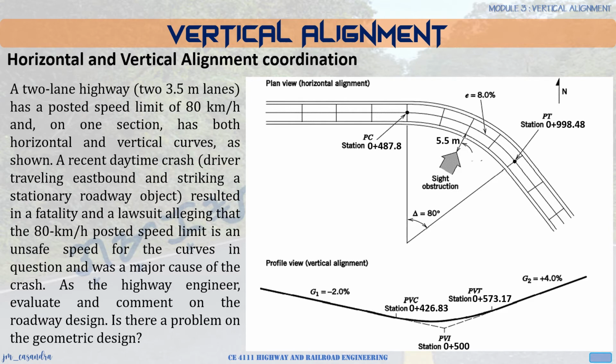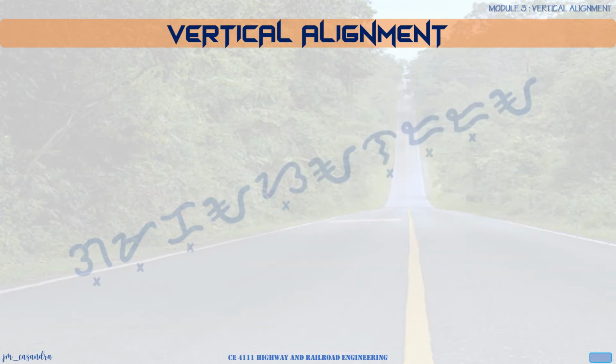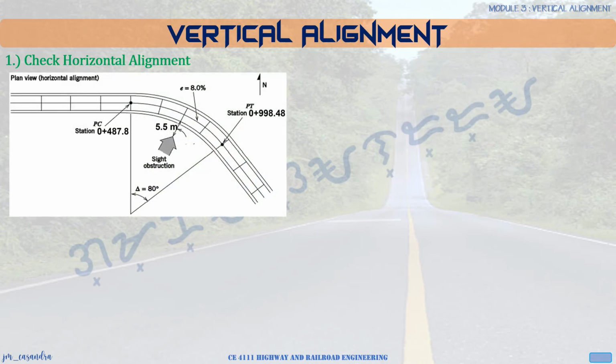Okay, so for our analysis, we divide it into two, which is your horizontal alignment and the vertical alignment. So let's start first by checking the horizontal alignment of the road section. So given now the plan view, we have your point of curvature and the point of tangency.